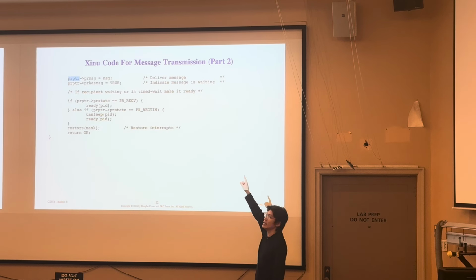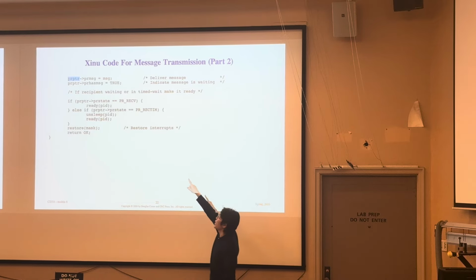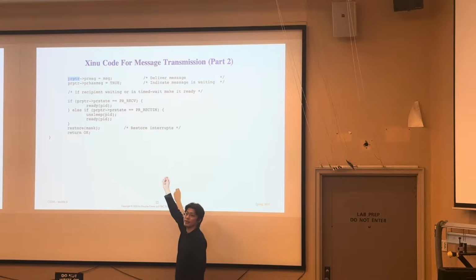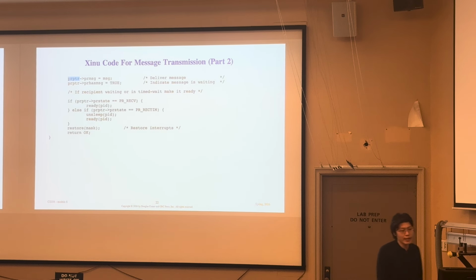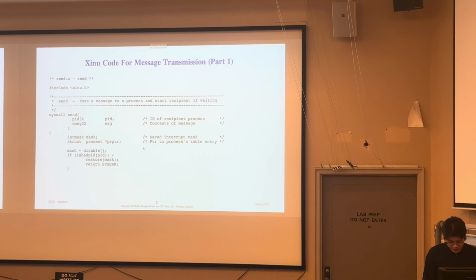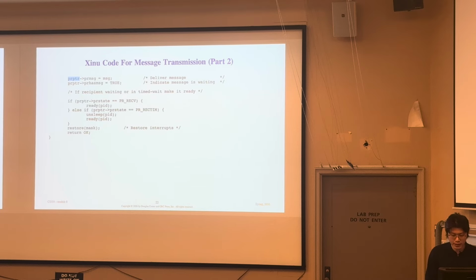You should use the PID to get this PRPTR of the receiving process, and then you assign the message to the receiving process's buffer. That is how you deliver the message. If you look into Xinu's source code, you should see it, but in this slide, we probably missed that part of the code. This is the receiving process.